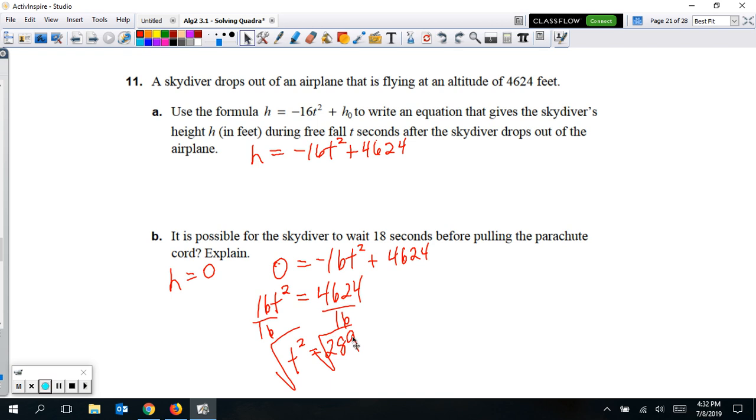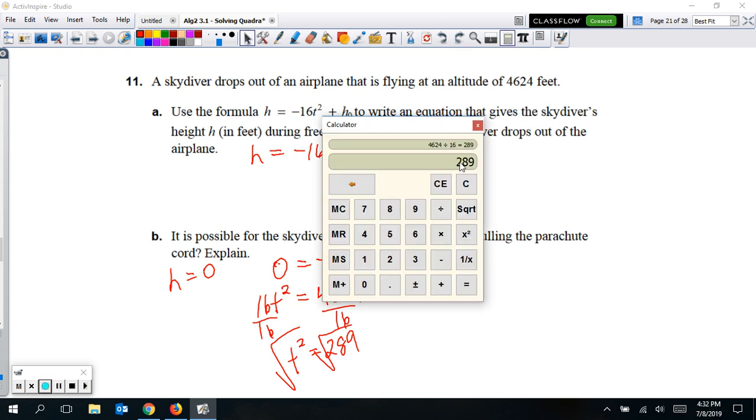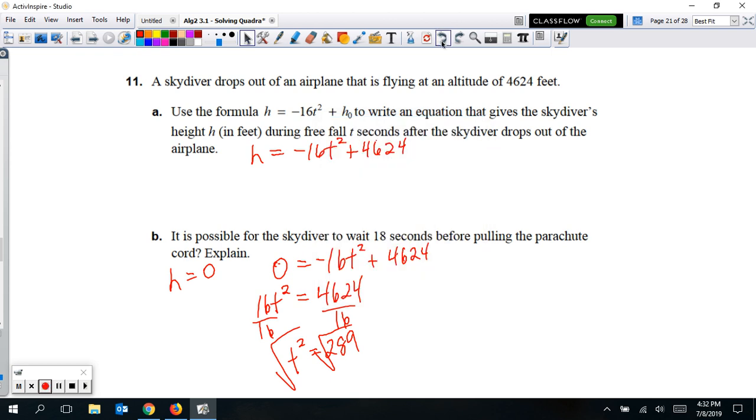So what is the square root of 289? That is 17. So t is equal to 17 seconds. So if he does not pull the cord, how long is it going to take him to fall to the ground? It's going to take him 17 seconds according to this equation.